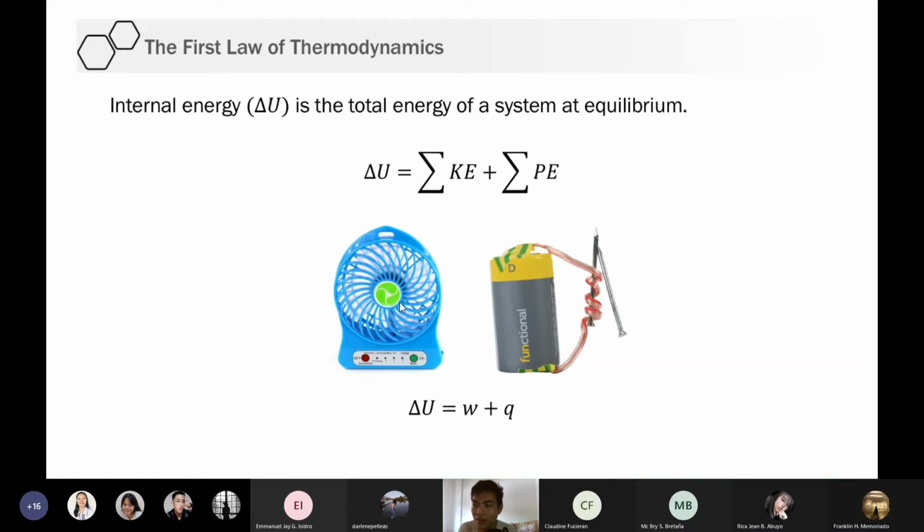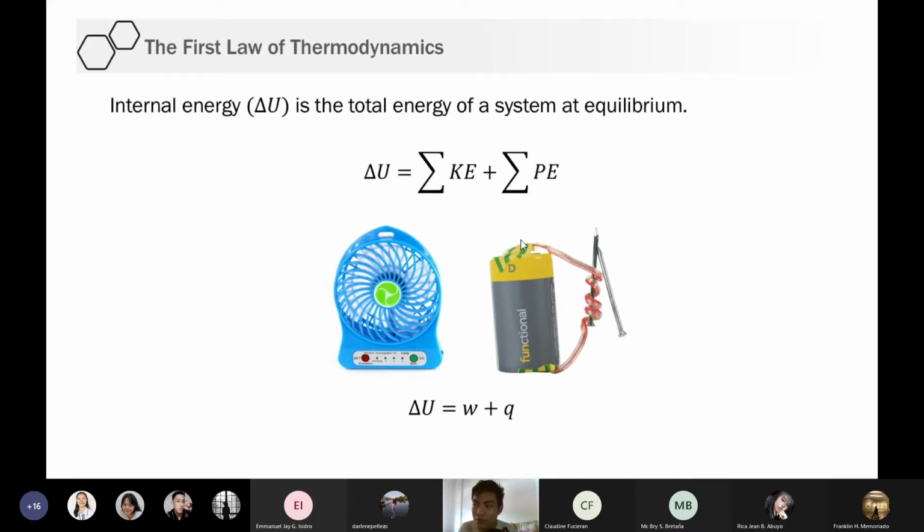Take for example ito nga, no? So itong parehas, may battery yan. Pero, yung process nila ng pag-ubos ng battery, iba-iba. Okay? So on this process, yung battery, pwede maubos yan when heat is produced, no? By the coil, no?